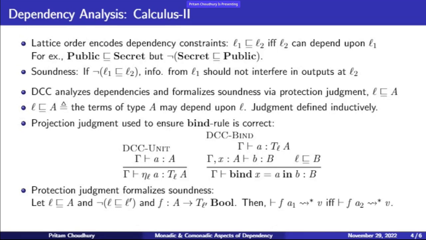Because L prime cannot depend upon L, but A can depend upon L. So at level L prime, we should not be able to infer anything about A. Here the evaluation relation is call-by-name evaluation.